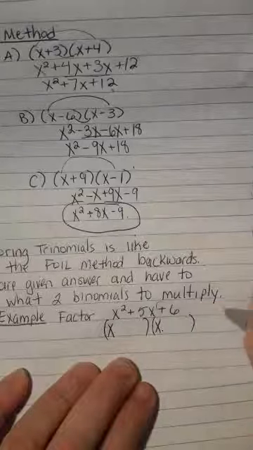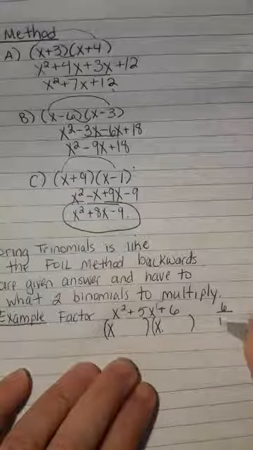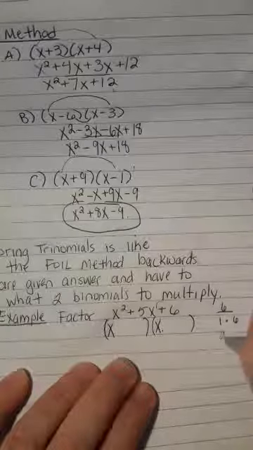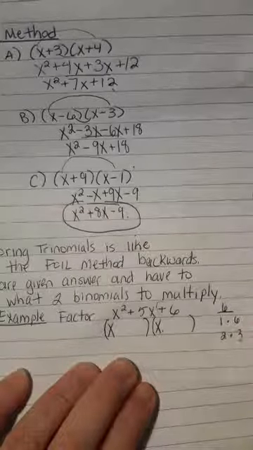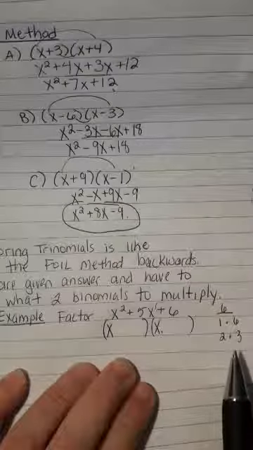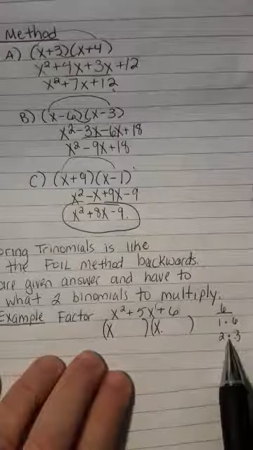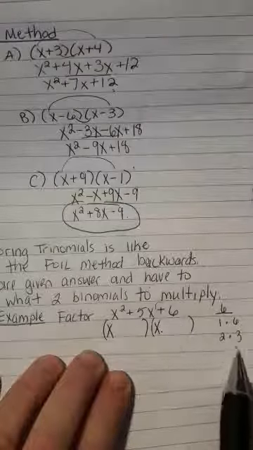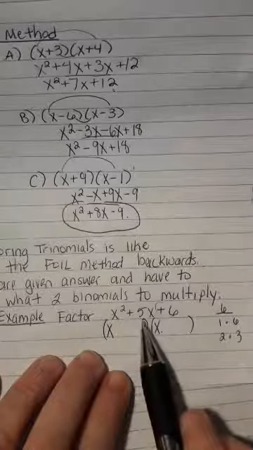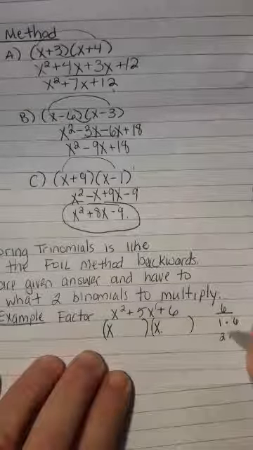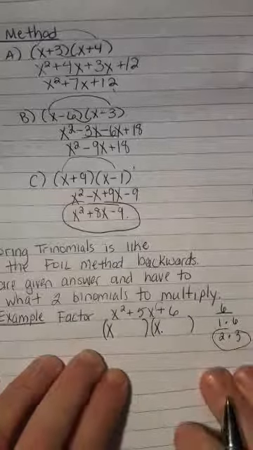In this case, to get 6, you can either do 1 times 6 or you can do 2 times 3. And what you want to do is pick the pair that's going to multiply to give you the 6, but they're also going to add up to give you that 5. So that lets us know that we want to use 2 and 3.